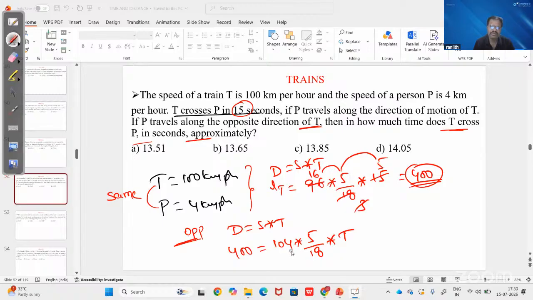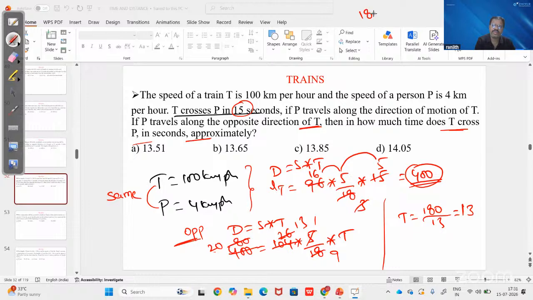So that will be equal to 400 by 104 into 18 by 5. 5 ones are 5, 80. 104 is cancelled by 4 table, so it will be cancelled: 4 twos are 26. 2 nines are 18, 20 into 9 will be equal to 180. 180 by 13. 13 ones are 13, 13 threes are 169. 180 minus 169 will be equal to 11.